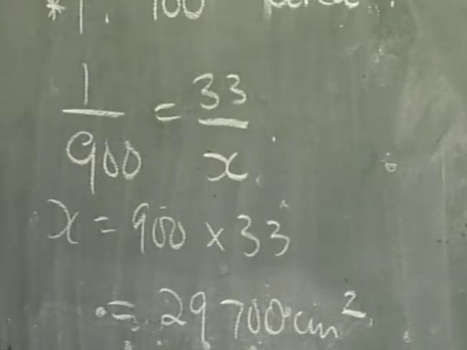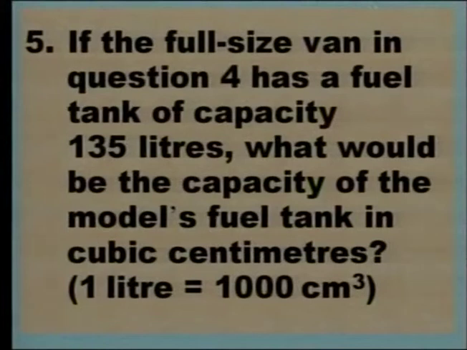Number 5. You are told that the full-size van in question 4 has a fuel tank of capacity 135 liters, which is its volume. What would be the capacity of the model's fuel tank in cubic centimeters?